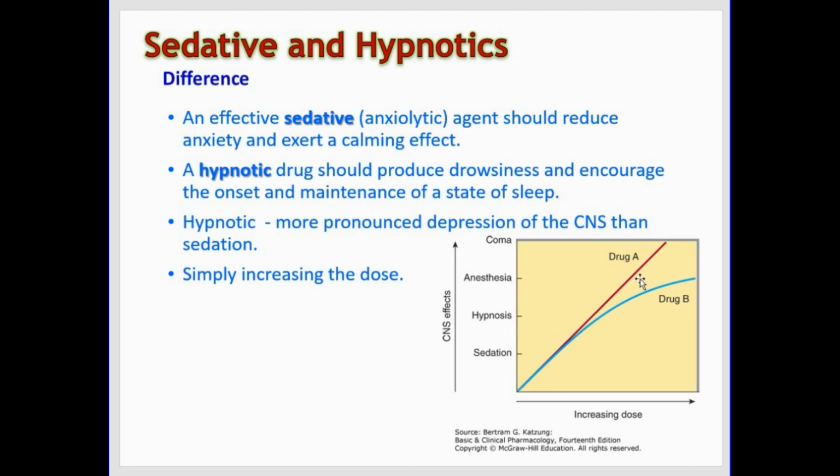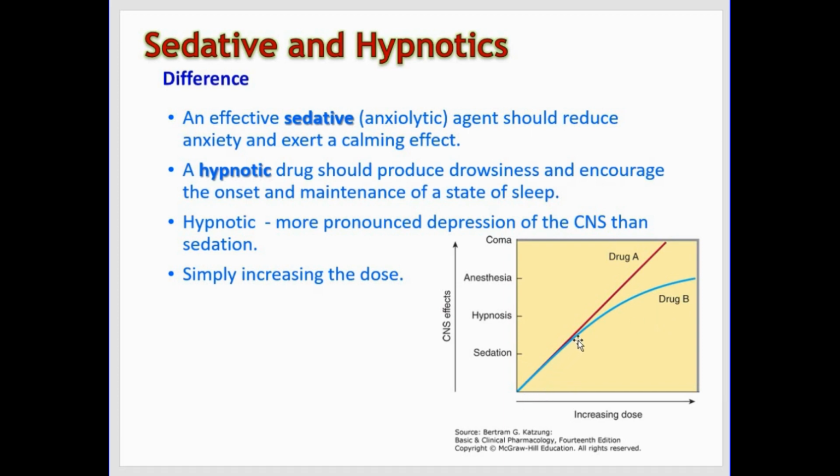Look at drug A, the red line. As you increase the dose, there is dose-dependent increasing CNS depression. At such a high dose, it can actually lead to coma and usually death.